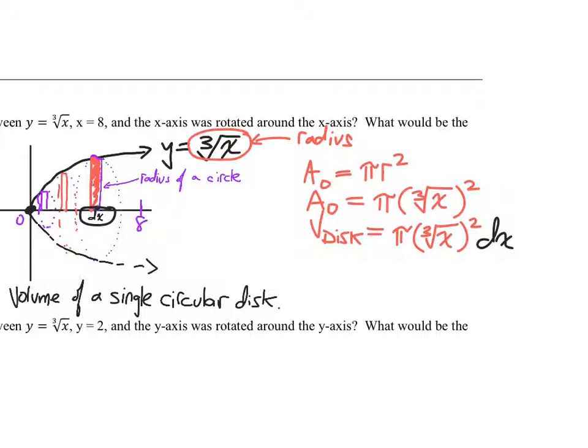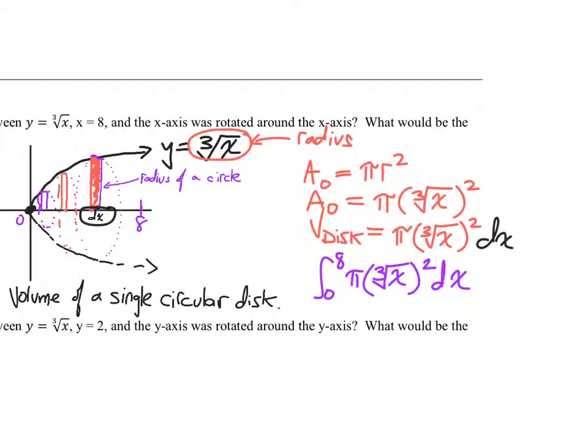If I want all of them, because again, I drew 3 examples, but there are infinitely many of those disks, I want to go from 0 to 8 and integrate every single one of those disks together into one solid. That happens by creating the definite integral, pi r squared, with the r value being the cube root of x squared, dx. Pop that in your calculator, get an answer, call it a day.